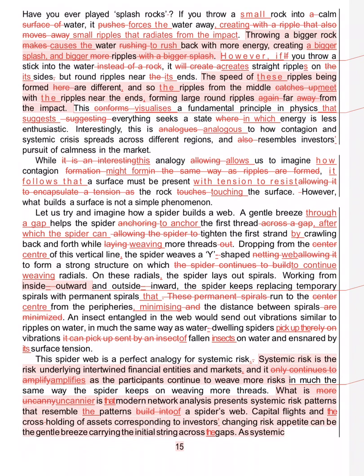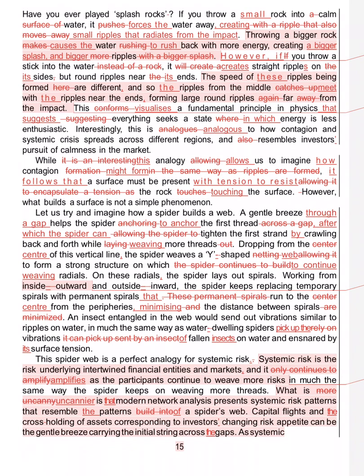So across a gap, the position of the words is wrong. So we took it forward: through the gap, the first thread, comma, after which the spider can tighten the first strand. It doesn't allow the spider; make it an active verb. The spider is tightening the strand, right? After the spider can tighten the first strand by crawling back and forth while weaving more threads, laying more threads out.